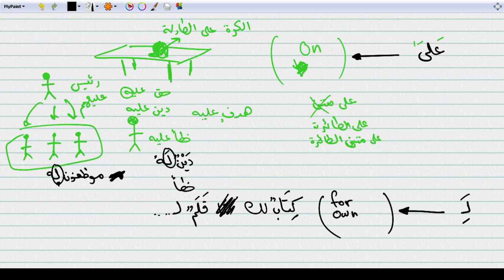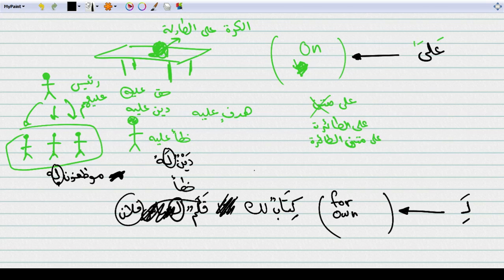For example, li Abbas. قلم li, and you say whatever name, fulan. So this li gives the meaning that that person owns the pen.